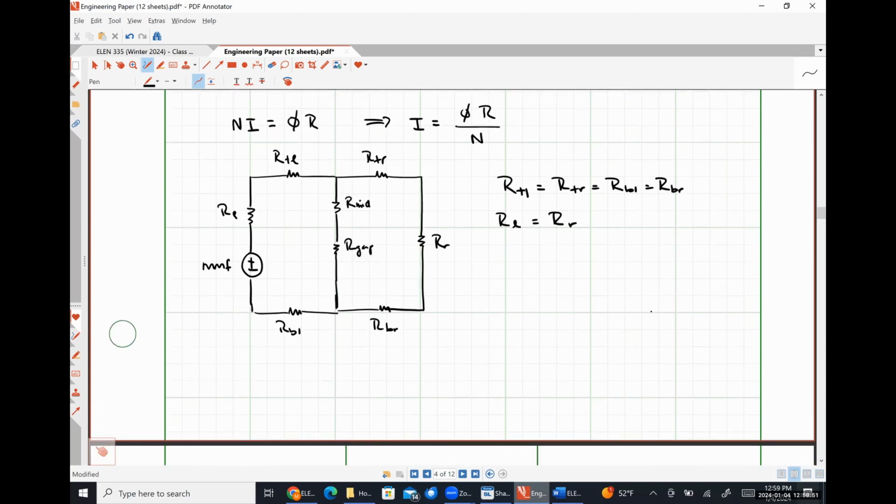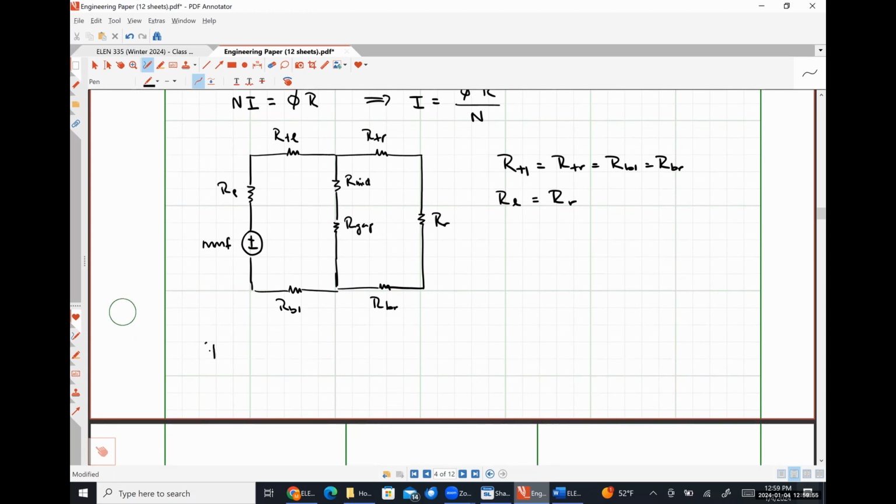Okie dokie. So let's work on the top left thing first. I'm going to cheat and look at one of my older things because it's been a minute. So I want the length of the top left portion.